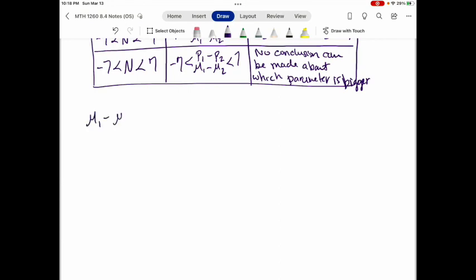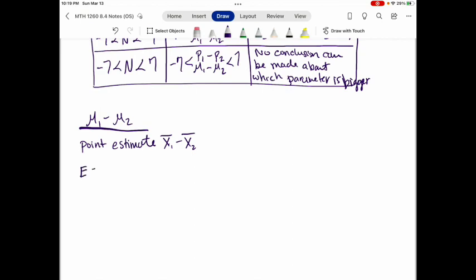All right, so if we're estimating means, then the point estimate is going to be x1 bar minus x2 bar. We're just going to take the two sample means and subtract them.